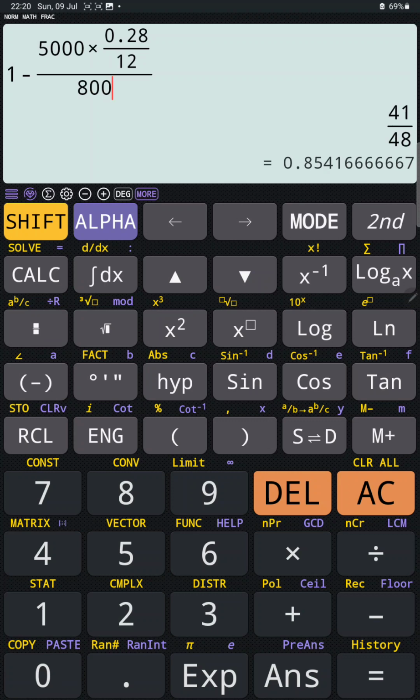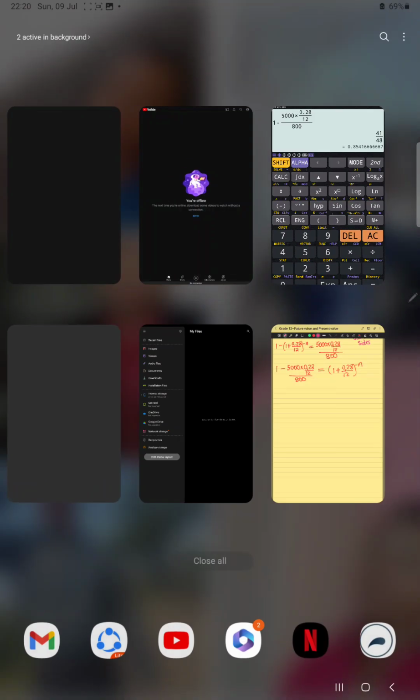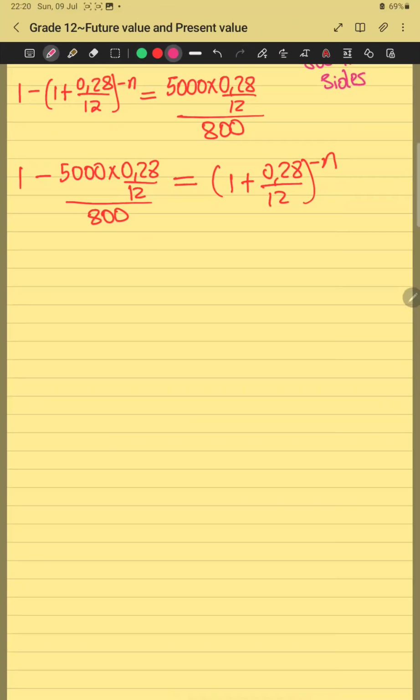So we've got 41 over 48. Let's hope that this calculator is doing the right thing. So it's saying that on this side we've got 41 over 48, and then on the other side we've got this one.